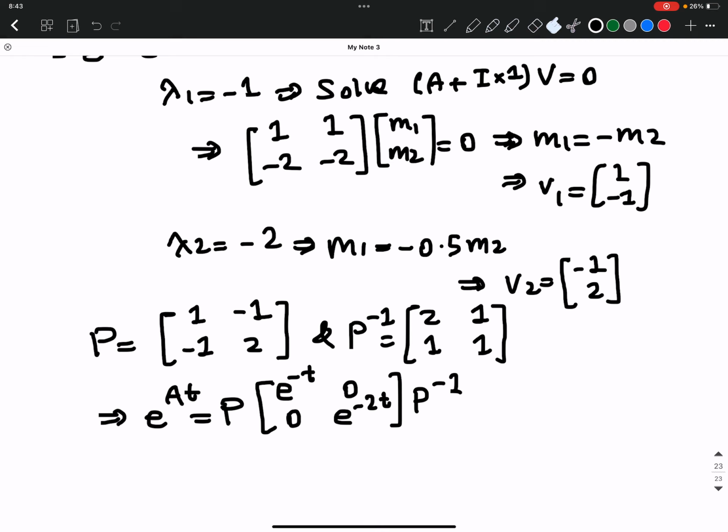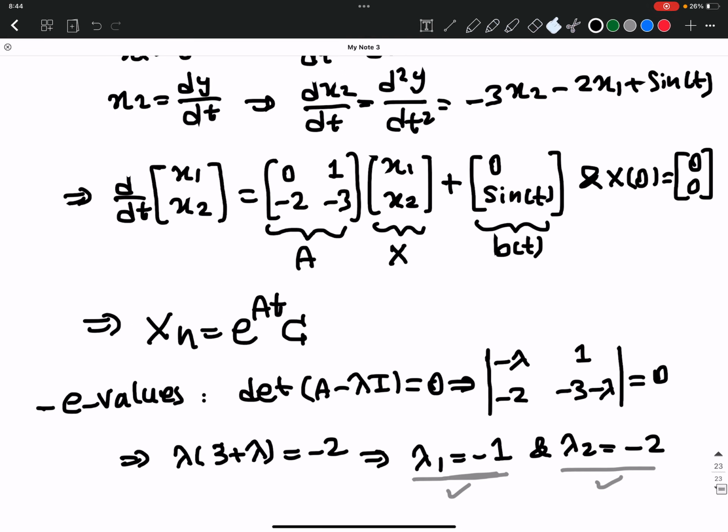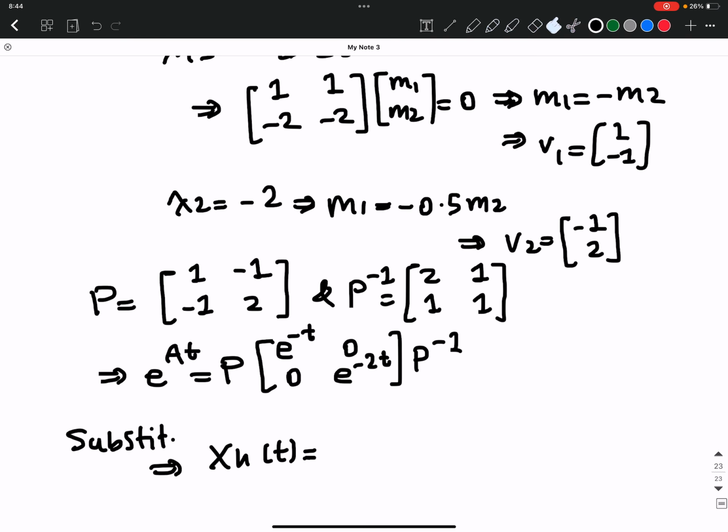Now if I substitute this, I will get my homogeneous solution, and you can calculate it. It's basically e to the A t times C, so it would be C1 e to the minus t plus C2 e to the minus 2t.